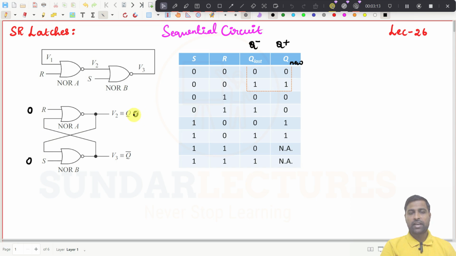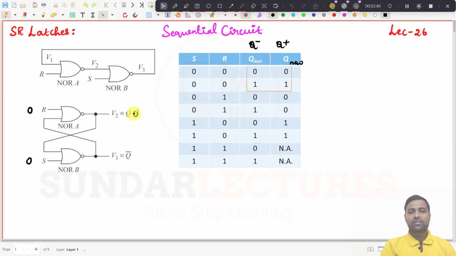I may also call it present state and next state. Previous state, present state, next state: if I say present state, then the other thing is next state. If I say it is a previous state, then the next state will be the present state. Try to understand those terminologies.